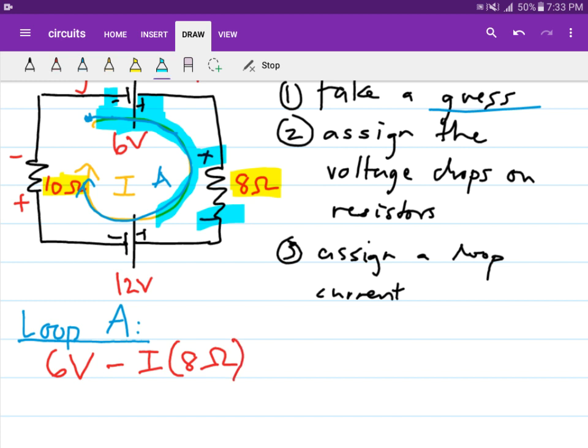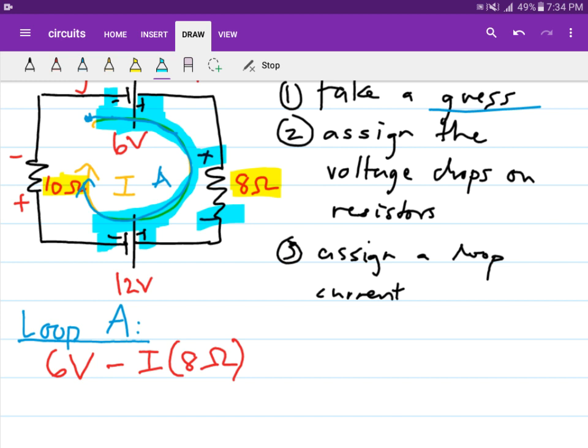And then next, we encounter this battery, and we know that batteries actually raise the potential energies of positive charges, but in this case, the direction of the loop current is such that it moves in the region of the battery wherein it starts from a high potential plus and then ends up with a low potential minus.